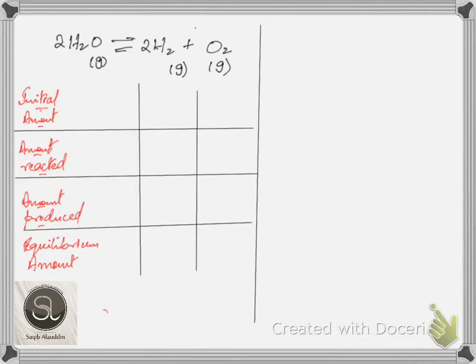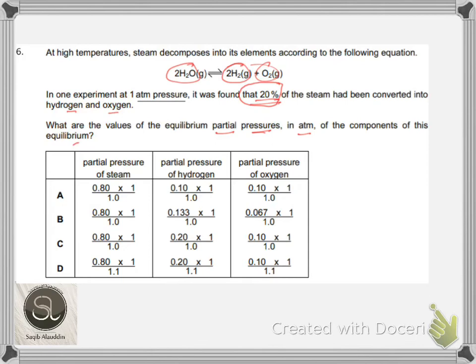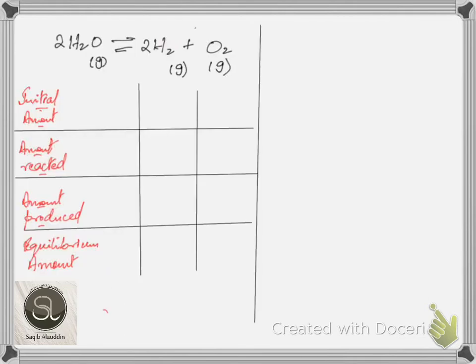In the question it says that 20% of steam had been converted. Nothing else is given, no other information. So I assume, say I take the amount of water initially as 1, and since 20% is converted, 20% of 1 is 0.2.